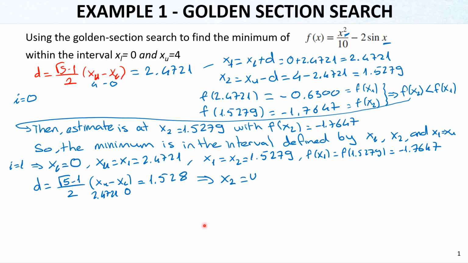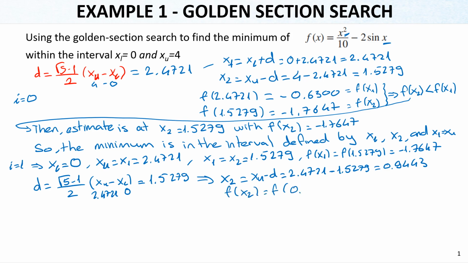Because xu changed, we need to change x2 because the formulation is based on that. Xu minus d, that is 2.4721 minus 1.5279. Let's use more digits. Then x2 is 0.9443.